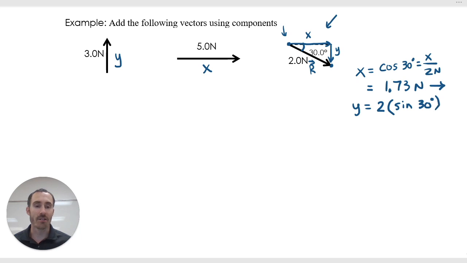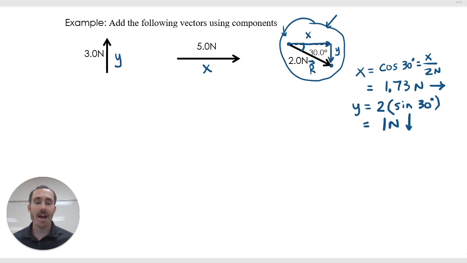The sine of 30 degrees is 0.5, so 2 times 0.5 is 1 Newton, and that 1 Newton is going to be in the south direction. Okay, so now instead of this angled vector over here, what we have is 1.73 in the east direction, and we have 1 in the south direction.